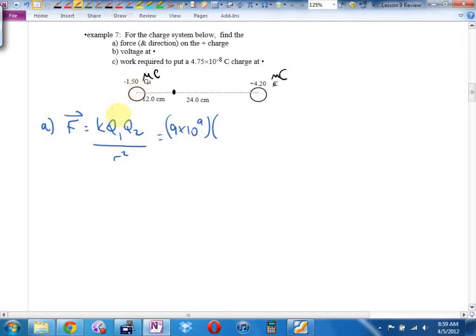It's a vector, we take care of the direction. So 1.5 times 10 to the negative 6 microcoulombs, there we go. 4.2 times 10 to the negative 6 microcoulombs. Divided by, what's R? Careful. Sorry? No, it's not 36. Careful. 0.36, right?